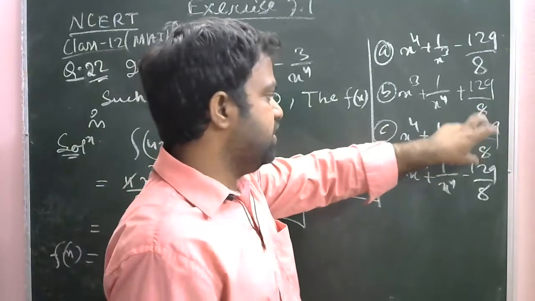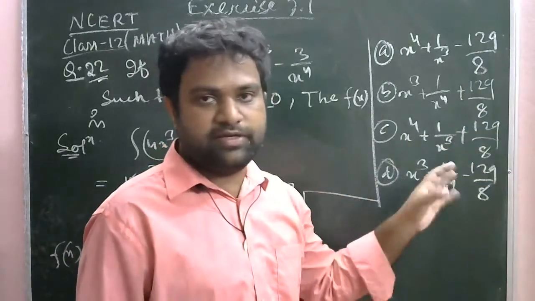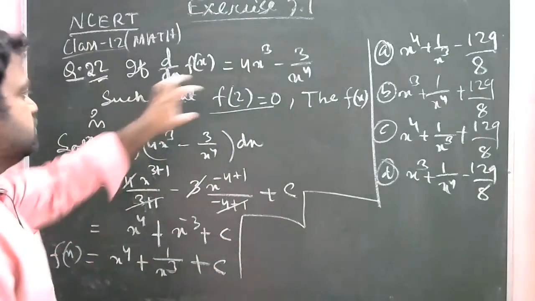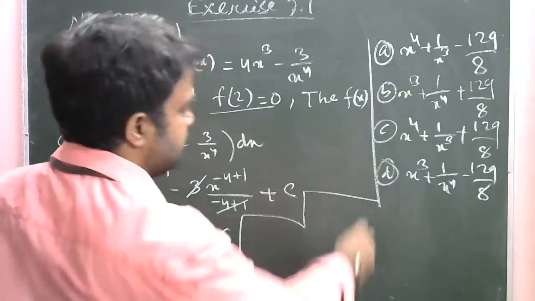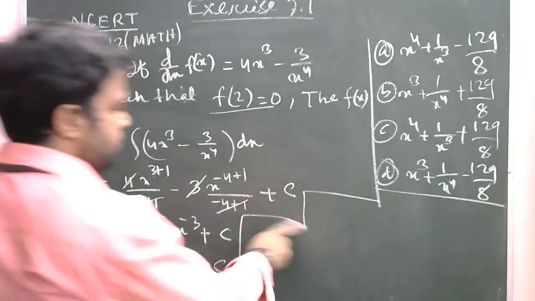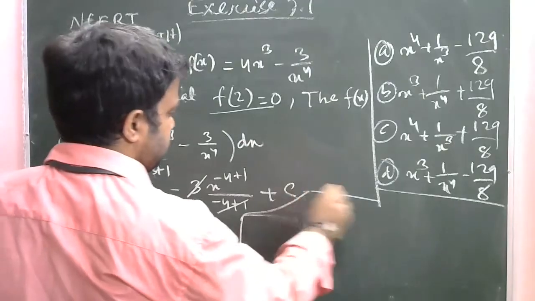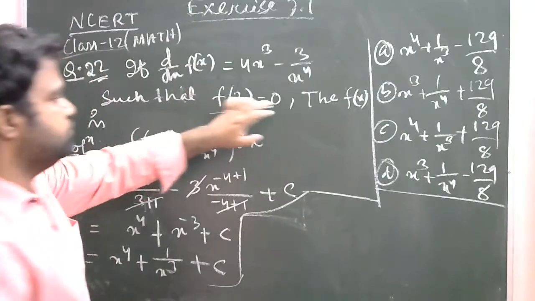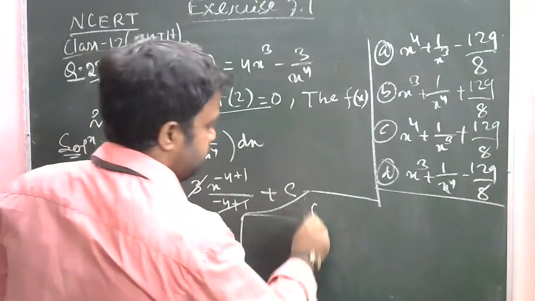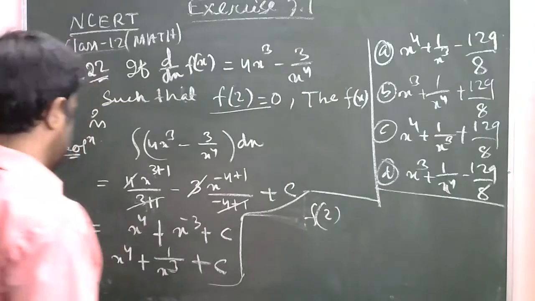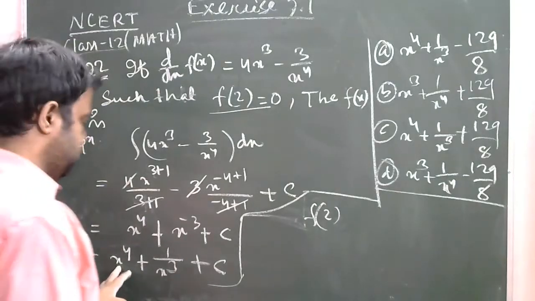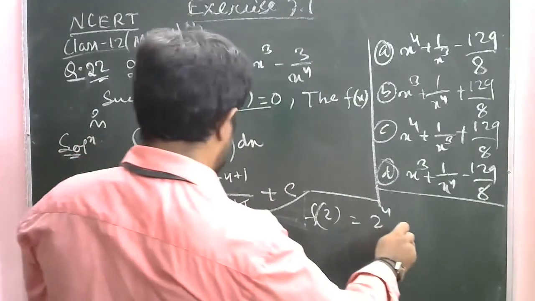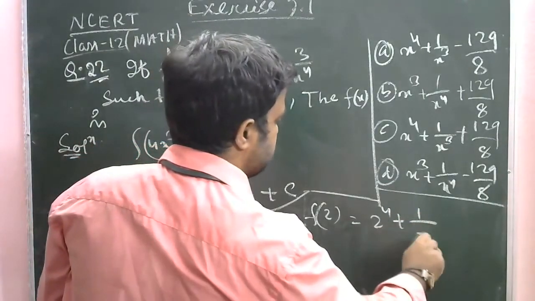Here C is not given in the answer. 129 by 8, or something like minus 129 by 8, is given. So we have to find this C by using this condition. So how will you do that? We'll use the condition f of 2 is equal to 0. That means if I put f of 2 equal to 2 to the power 4 plus 1 by 2 cube.